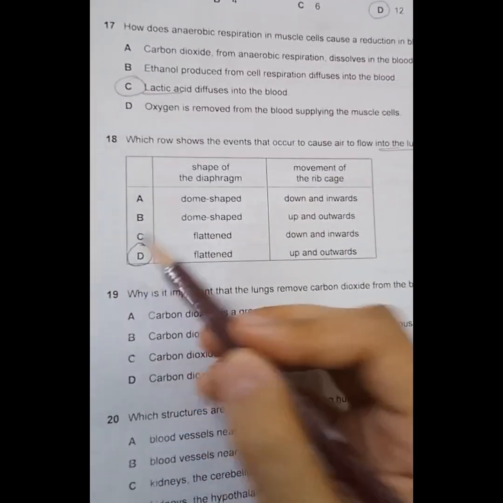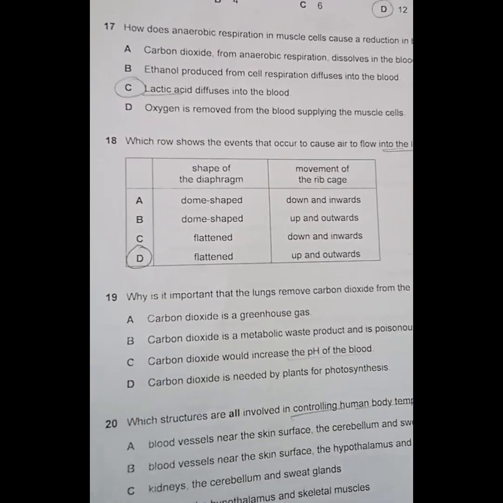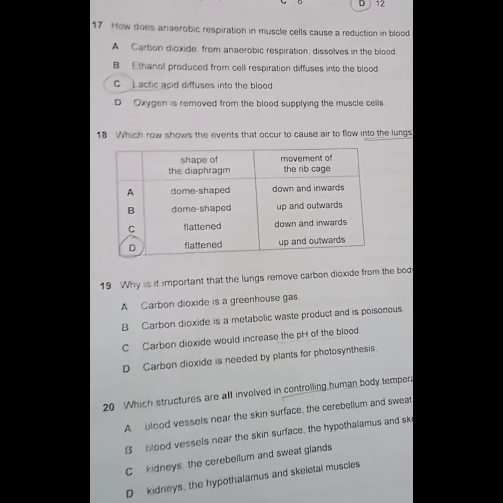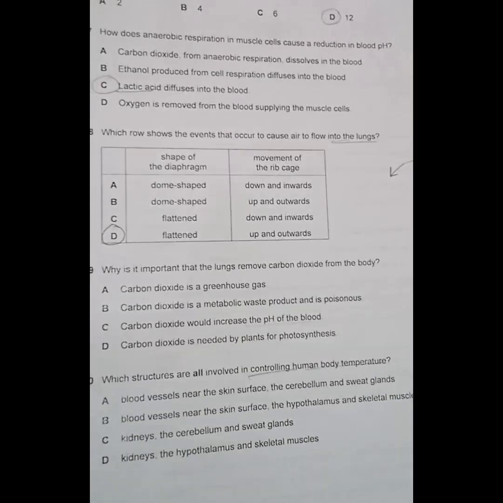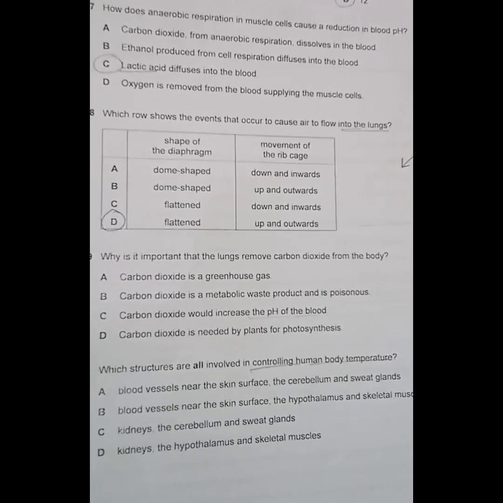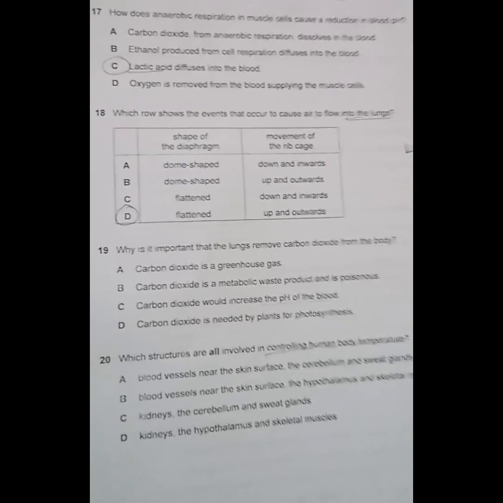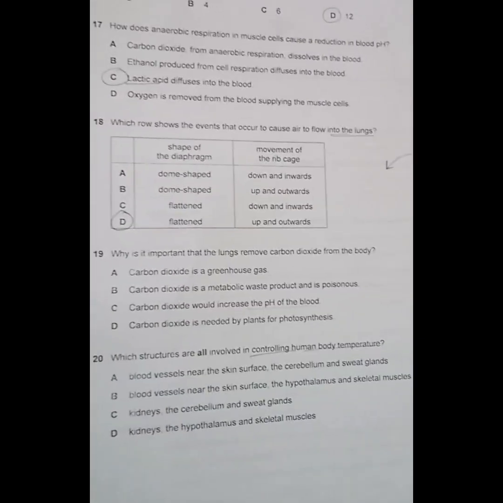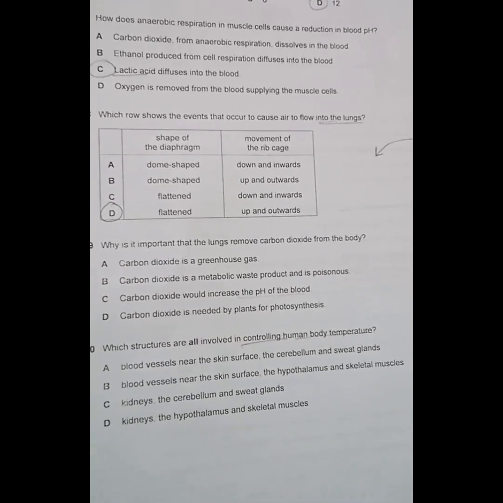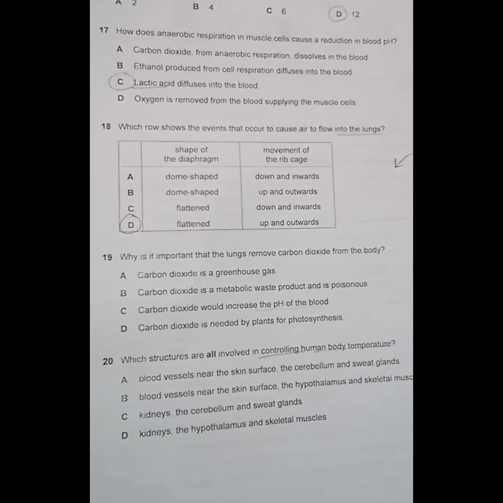When you create a greater volume, the pressure decreases, and since, as a law of physics, everything moves from a higher concentration to a lower concentration, there's always a flow from high to low. So if the pressure is lower inside our body and the pressure of the air is greater outside, there's going to be an inflow of air from the outside environment into our lungs.